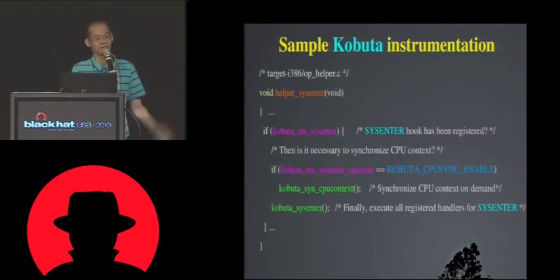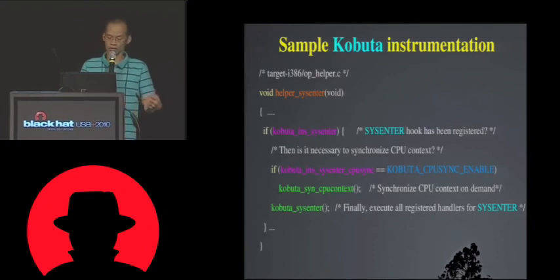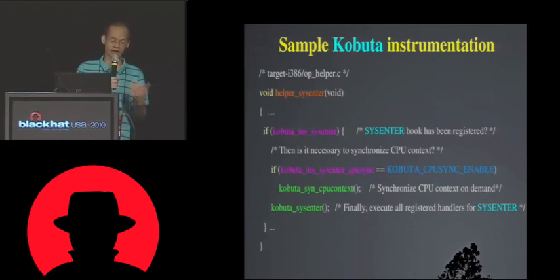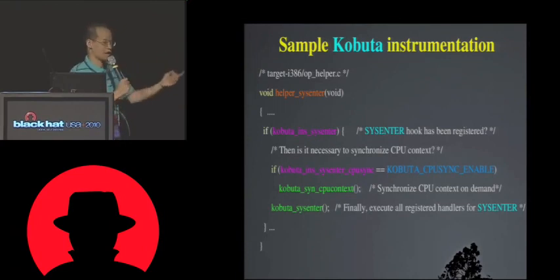If not, we skip. So if nobody registers the sysenter hook, there's almost no performance overhead. And because you don't always need the fully updated CPU context, you are not always interested in the EFLAGS register, only in case you are interested do we synchronize the CPU context. After that, we call the registered handler for sysenter.